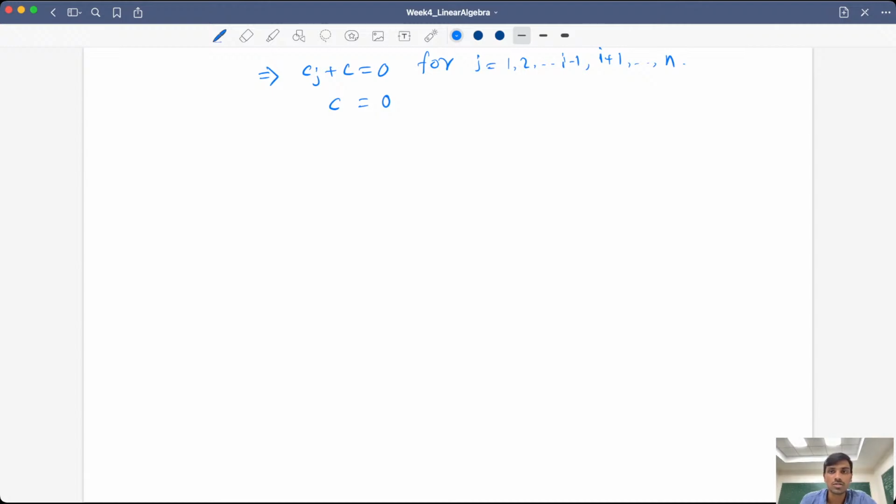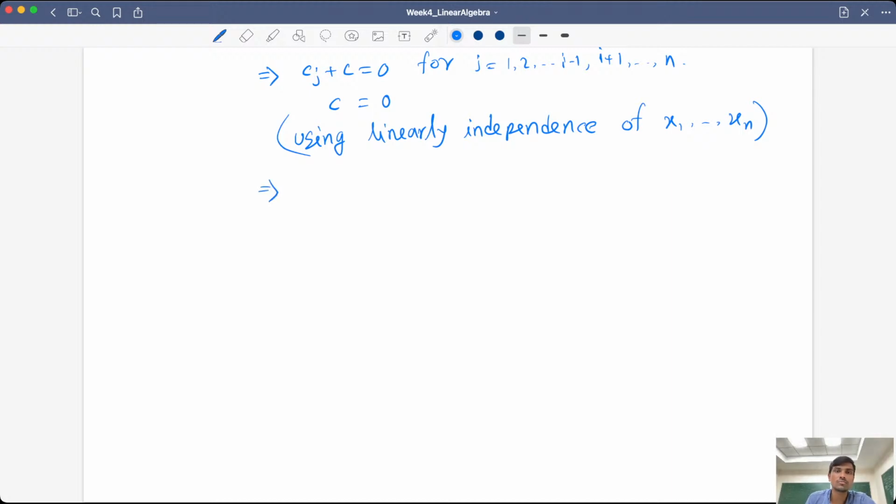So this is by using linear independence of x1 up to xn. But if c is 0, then this implies all the cj's are 0 for j equal to 1 to this range, right?